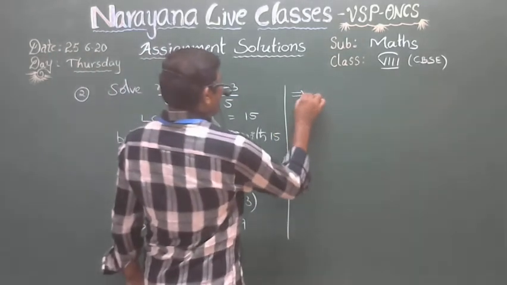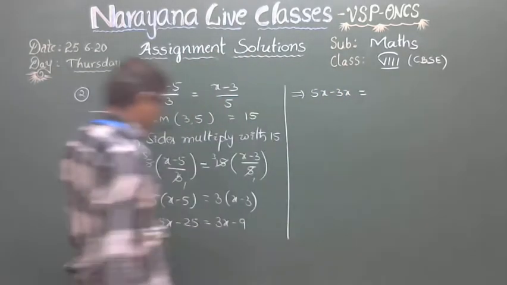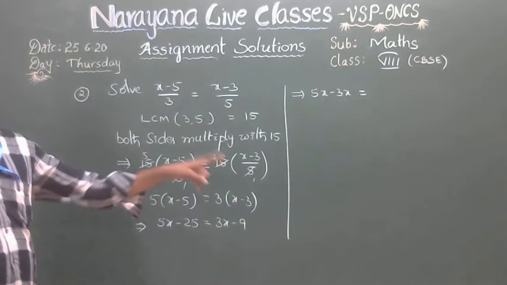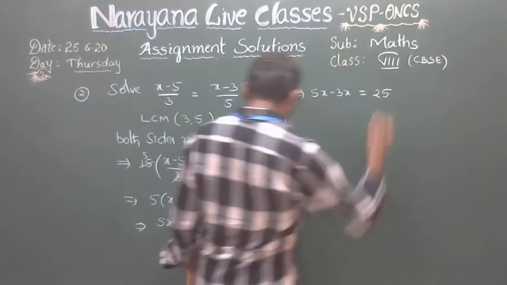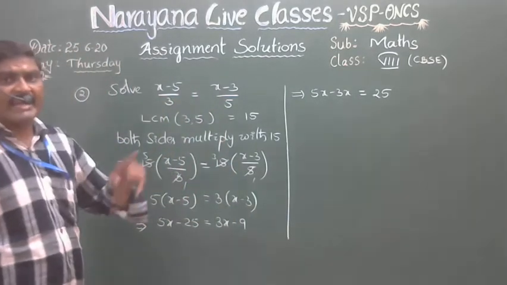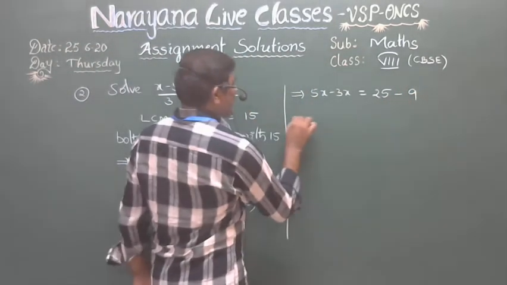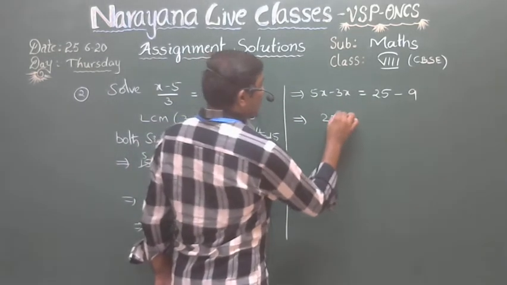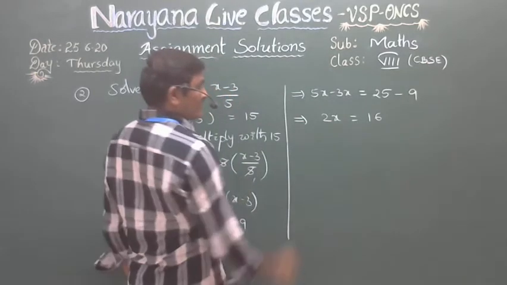We'll get 5x minus 3x. On the right hand side, this minus 25 will be transformed as plus 25. This minus 9 we already have on the right hand side, leave it as minus 9 only. Then 5x minus 3x is equal to 2x. 25 minus 9 is 16.